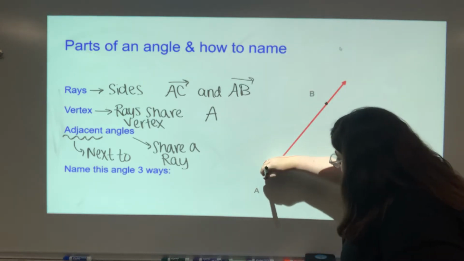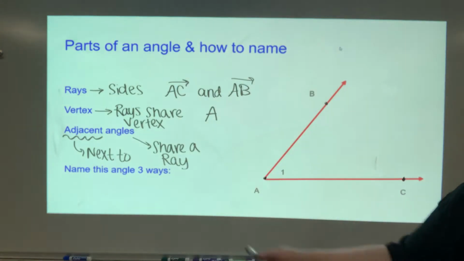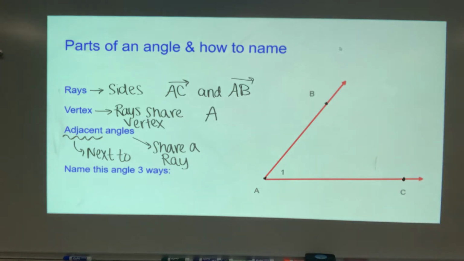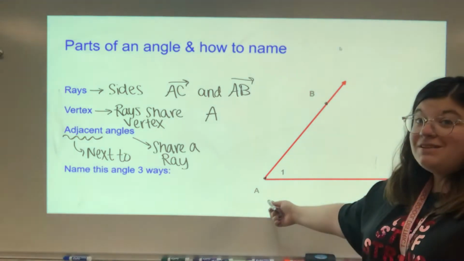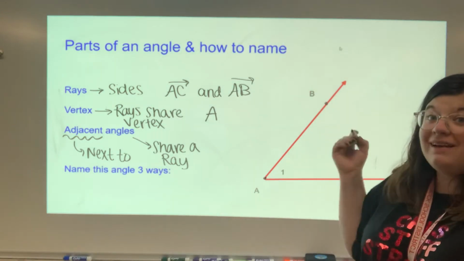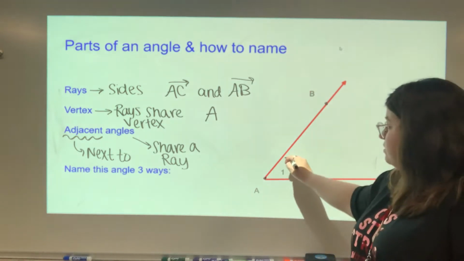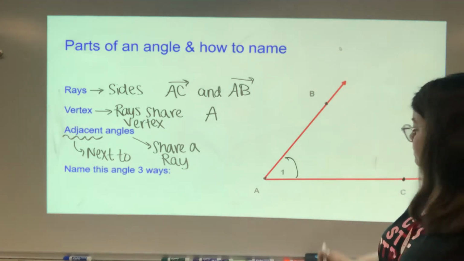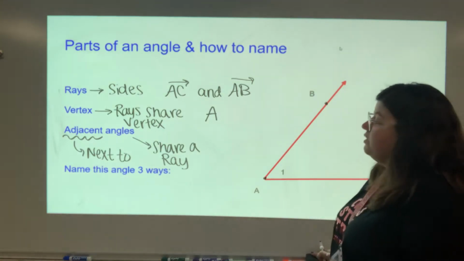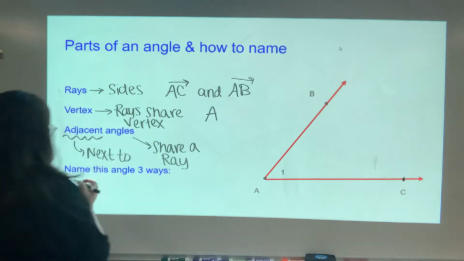Erase my point. There are a couple different ways that we can name our angle so we know exactly what we're talking about in a diagram. The first easy way is to name it by the vertex. It has a vertex A, so I'm just going to call it angle A. That's how we know we're talking about this angle right here.